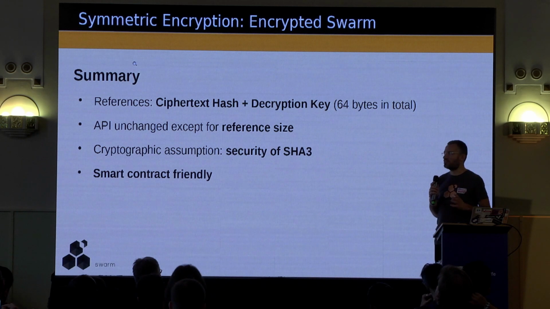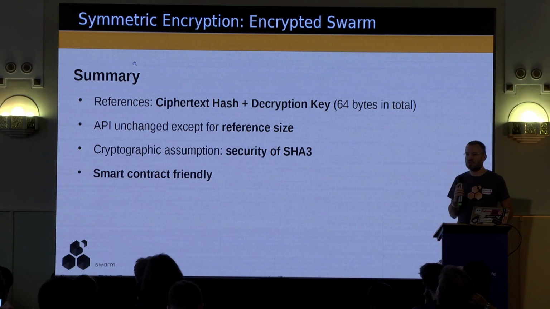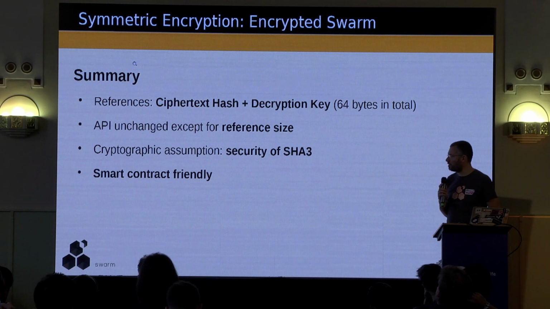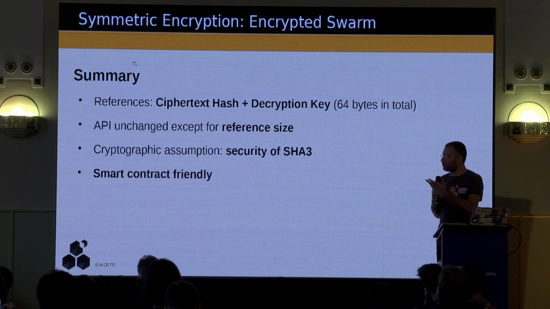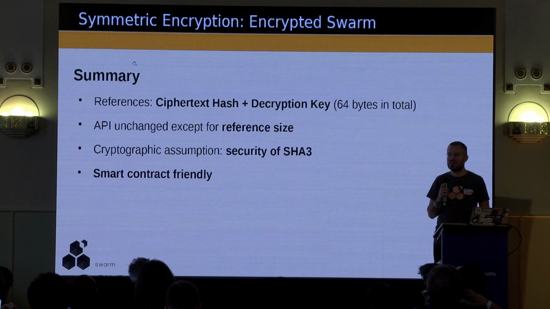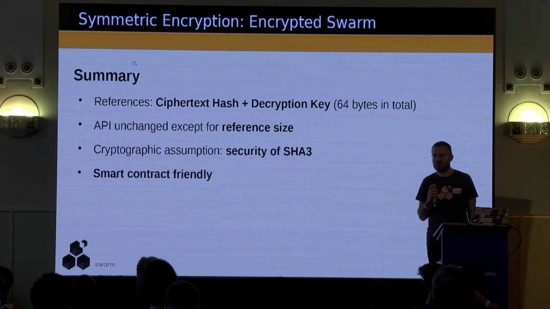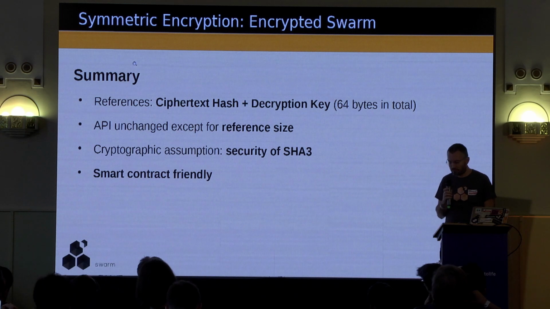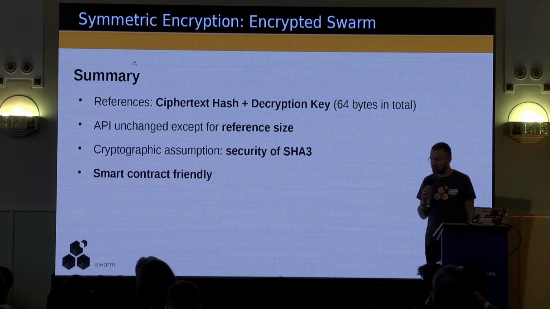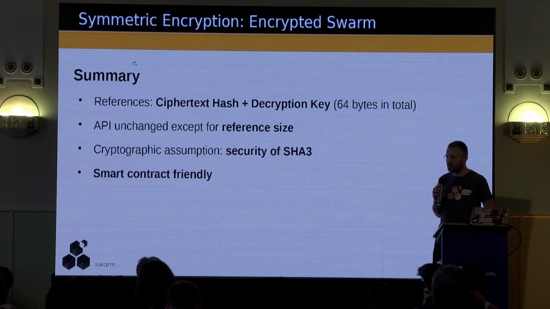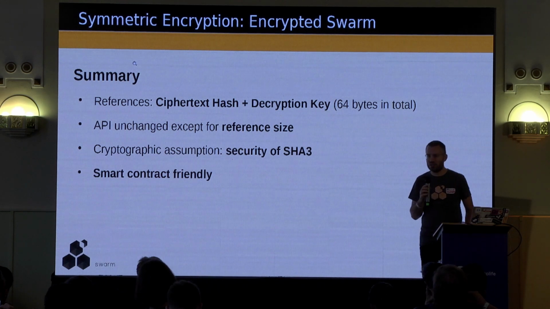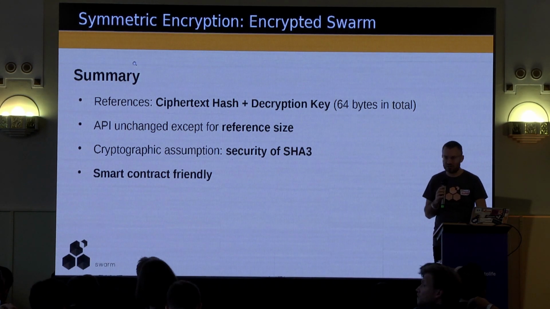There's no additional assumption in encrypted Swarm beyond the security of SHA-3. And of course, because of this, it is smart contract friendly, because in the EVM you have access to SHA-3, so you can do all these proofs within the EVM. I will let you do the questions during the Q&A, okay?